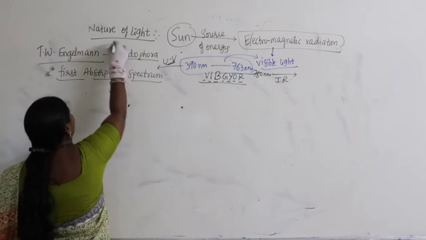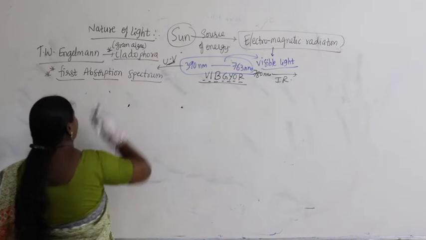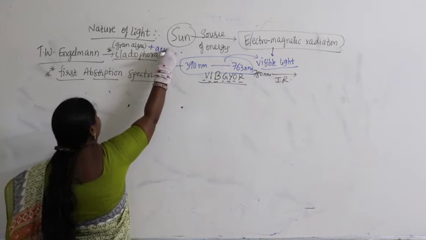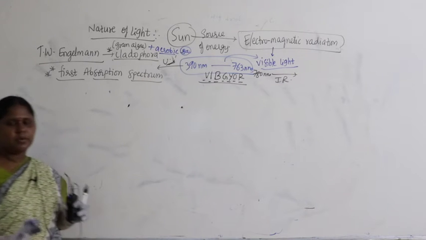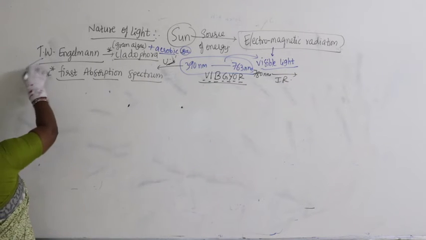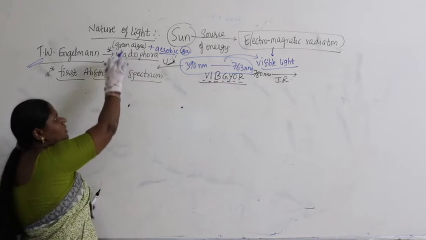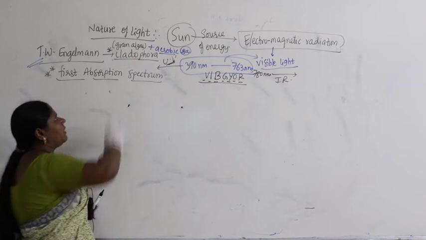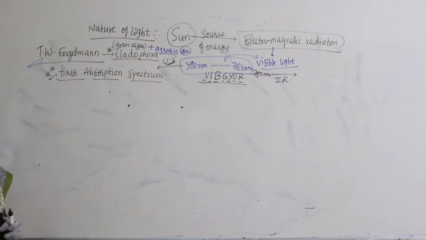What is Cladophora? It is a green alga which is combined with aerobic bacteria. Do you remember the experiment? T.W. Engelmann did his experiment on Cladophora by passing light through a prism, including aerobic bacteria, and he discovered the first absorption spectrum.